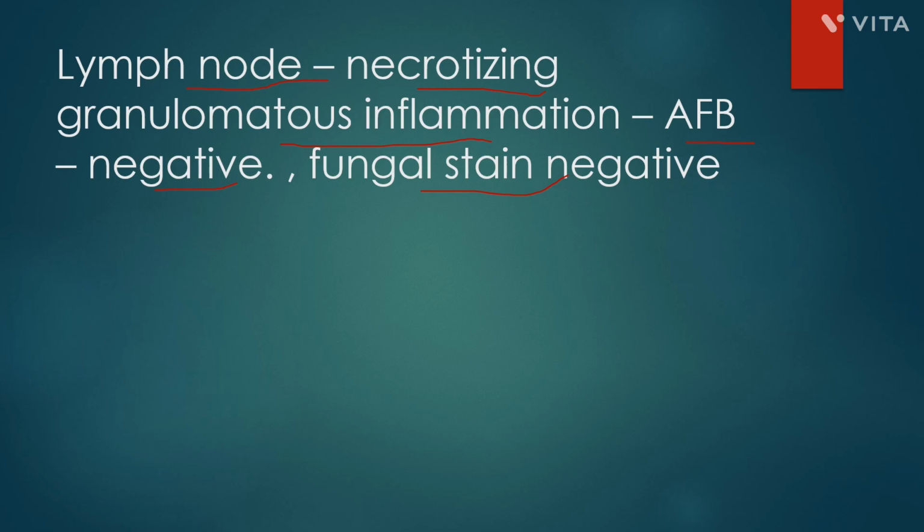What does that indicate? And the option included that you can rule out TB, but that is not the case. Just because AFB is negative in a necrotizing granulomatous inflammation, which is highly suggestive of tuberculosis, you cannot rule out tuberculosis. You may have to go in for further tests. That was another option. You need more tests to exclude mycobacterium.